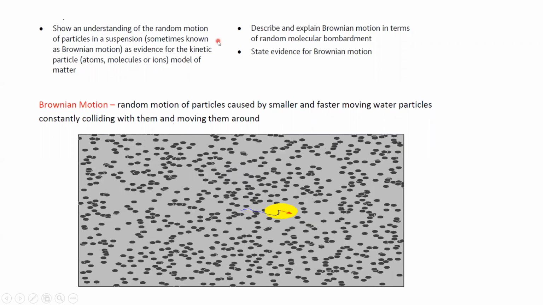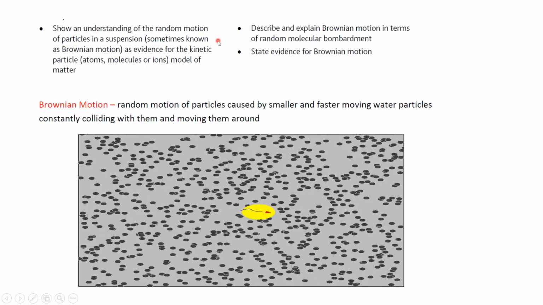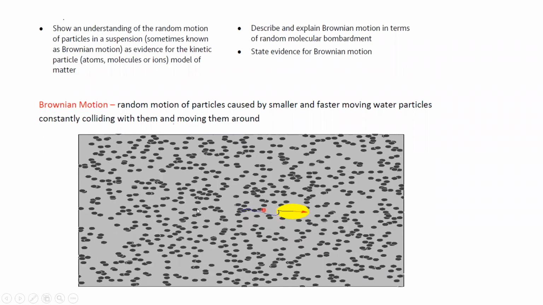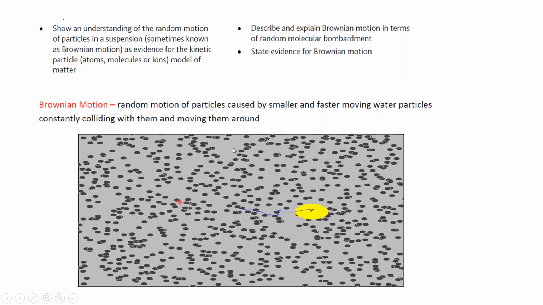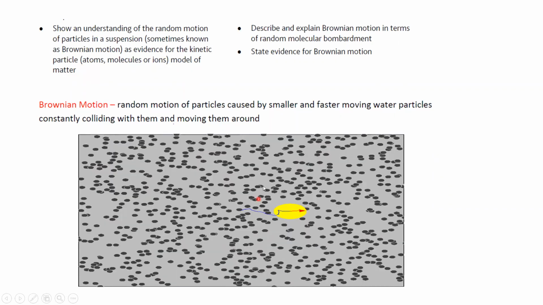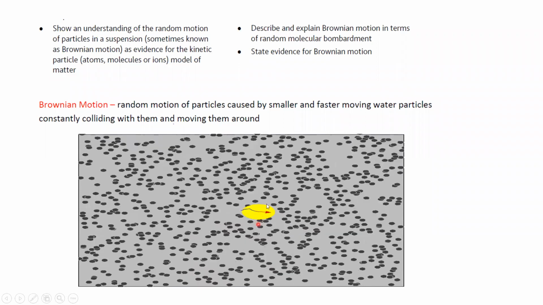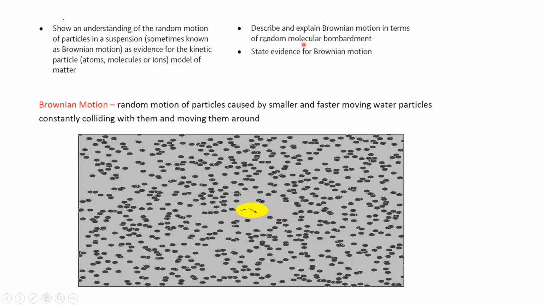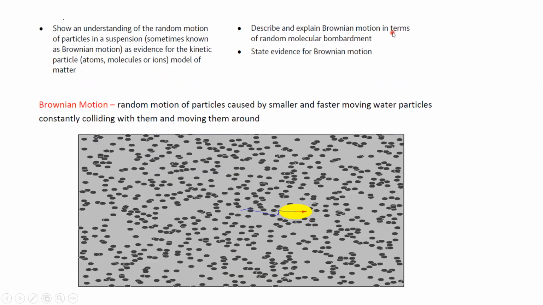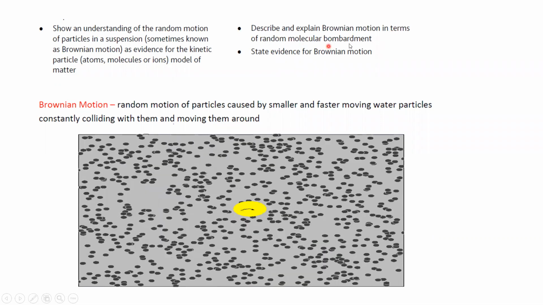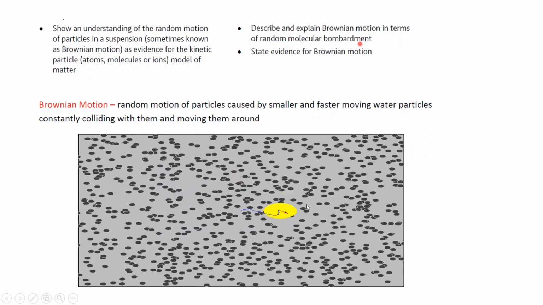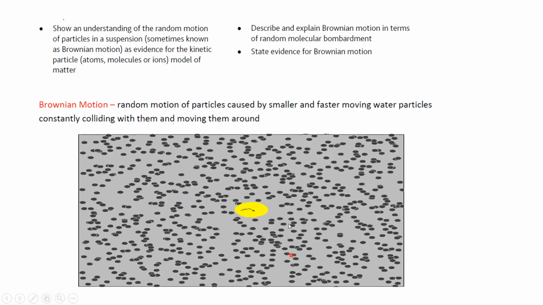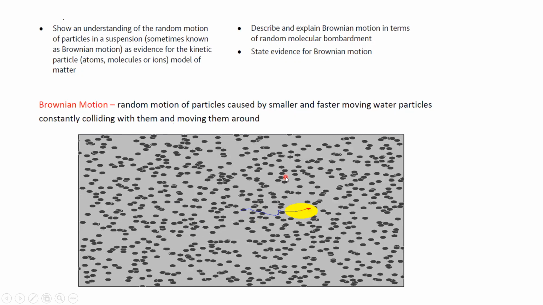Basically, Brownian motion confirmed that matter consists of particles. Here air contains particles, and these particles continuously hit the dust particle and cause a random motion. You should be able to describe and explain Brownian motion in terms of random molecular bombardment, explaining why this dust particle moves randomly.